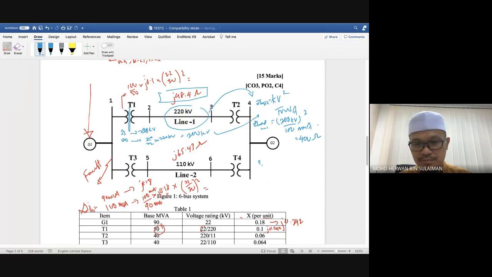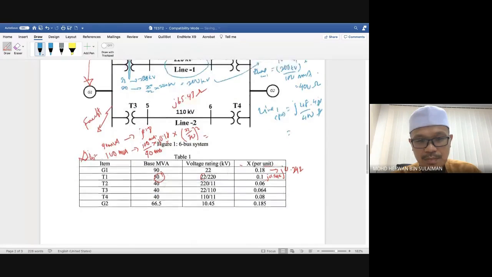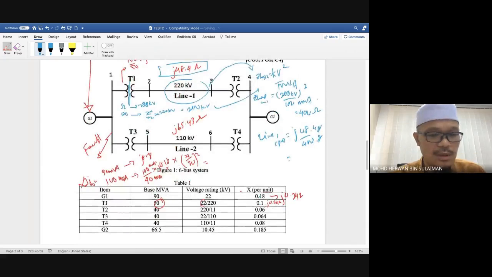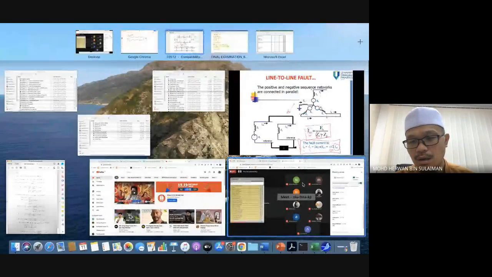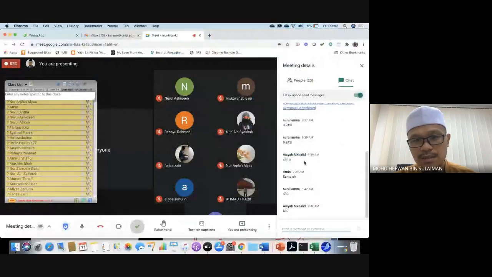So from here you can calculate your line 1 lah. Line 1 per unit dia ialah J 48.4 bagi dengan 400. Berapa dapat? So ohm akan cancel, you akan dapat ni value. Berapa value? 48.4 bagi dengan 400. So you dapat berapa?